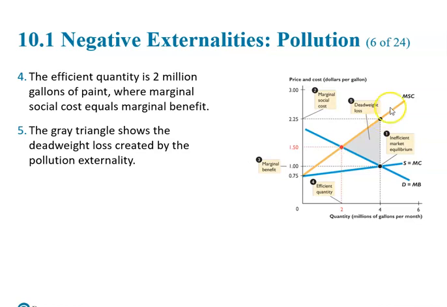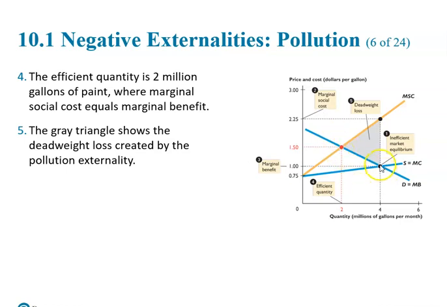The marginal social cost curve in this scenario is giving us a better idea of the total cost of production. So that is why this point of intersection gives us the efficient quantity which should be produced.